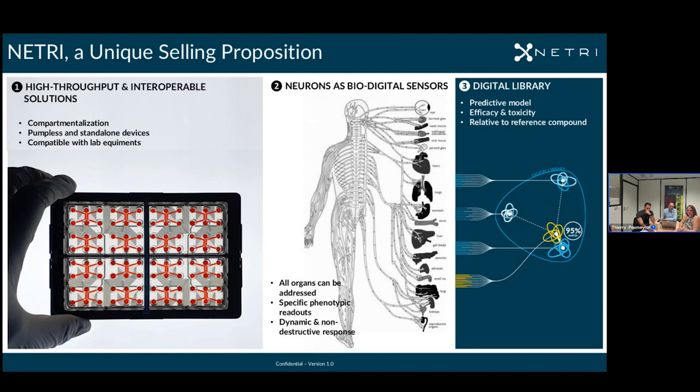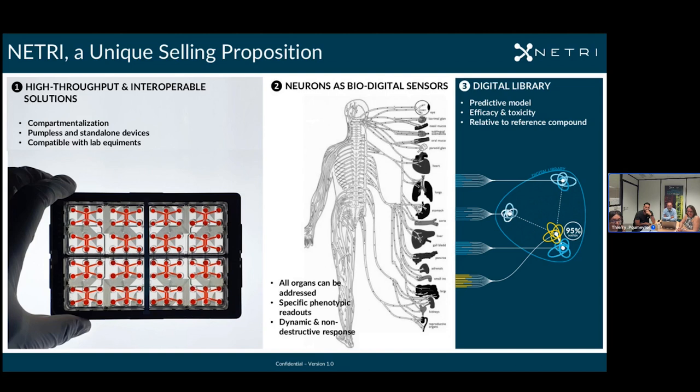The device that you are seeing here is composed of up to 16 identical chips, and each chip can have its own experimental condition. That means you can run up to 16 conditions in one run on one device.